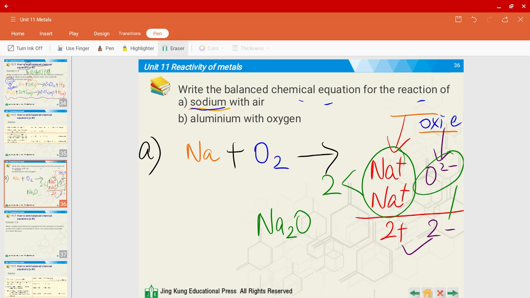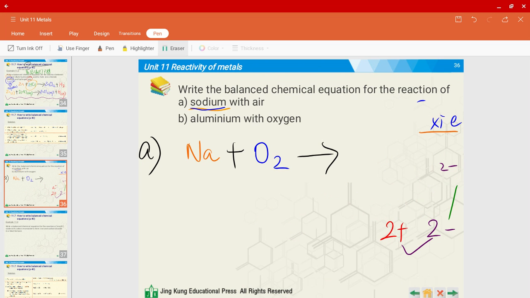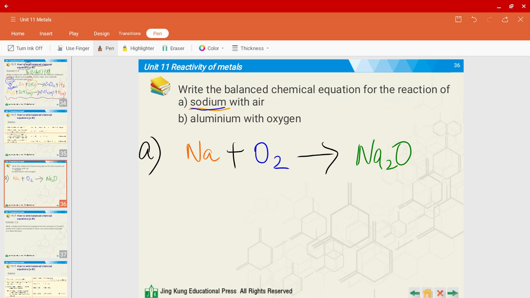So let me rub this out and just write down the chemical formula. I would get Na2O. Let me leave some space actually. Na2O. Perfect. Now this is the initial chemical equation that I get.